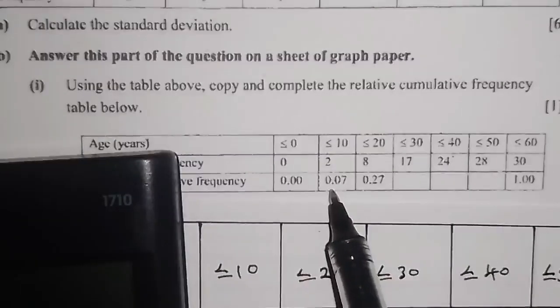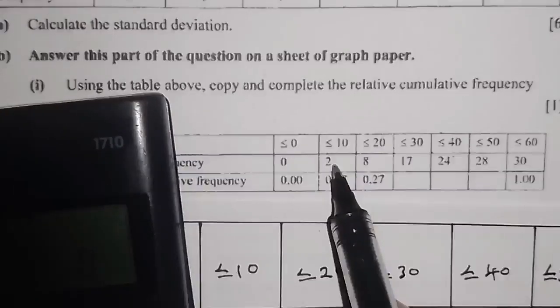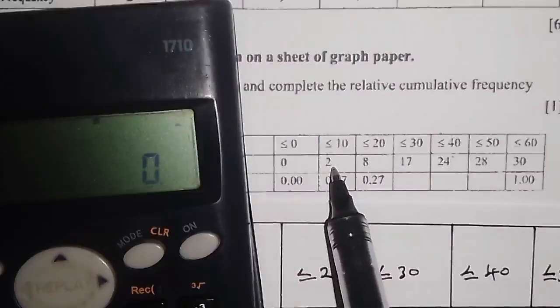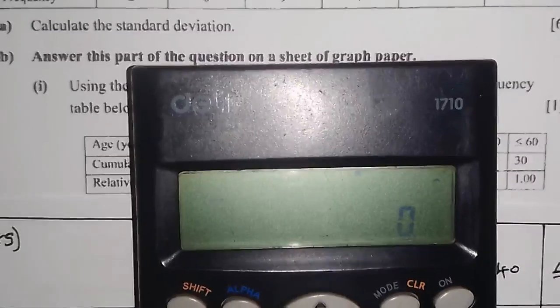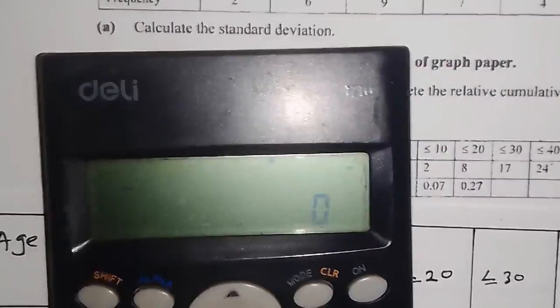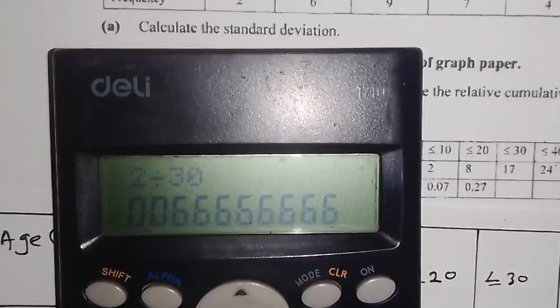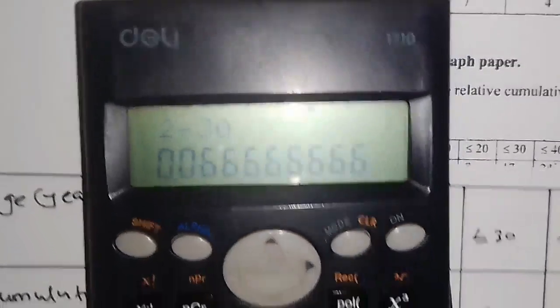And how did they get 0.07? You have 2 there, so you get 2 divided by 30. So you get 0.066.